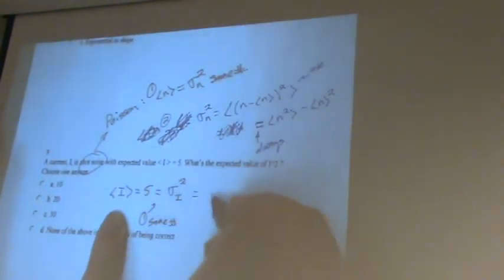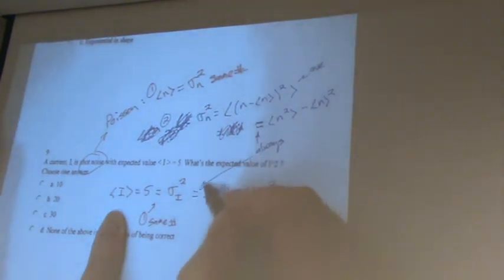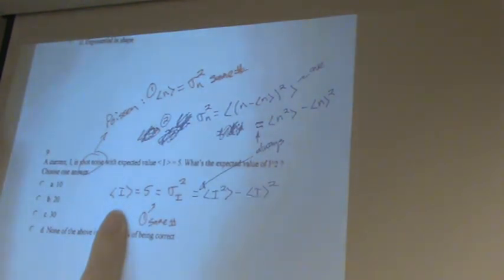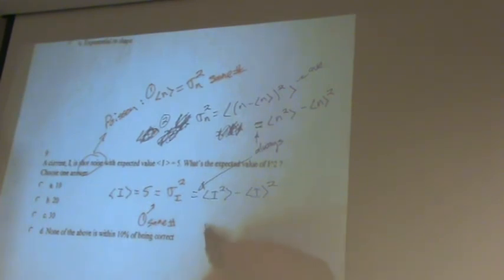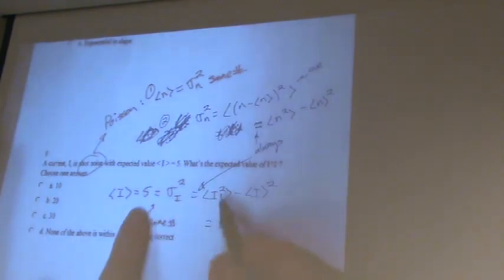And then I can always write the variance as the average of the square minus the square of the average. So that is average of thing squared minus, I have that right here, average value of I is 5, 5 squared.